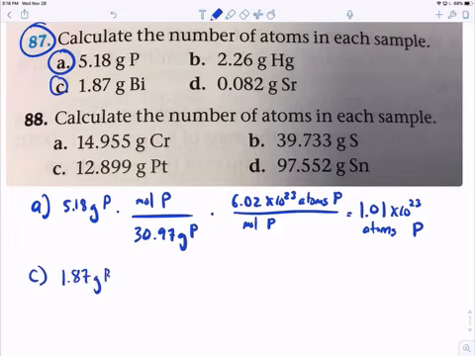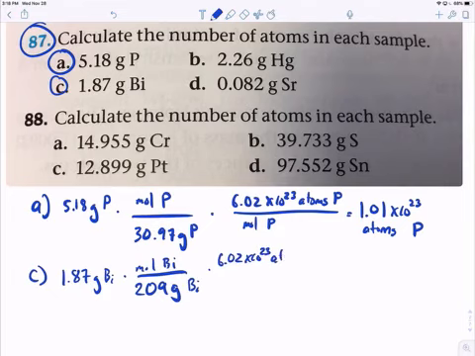1.87 grams bismuth, mole bismuth, 209. Seven divided by 209.